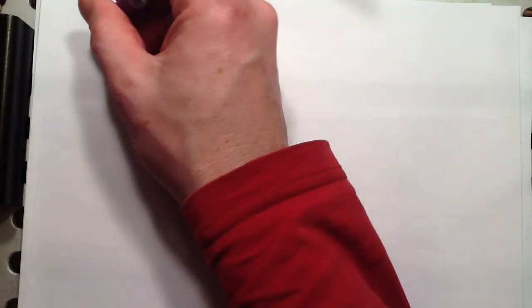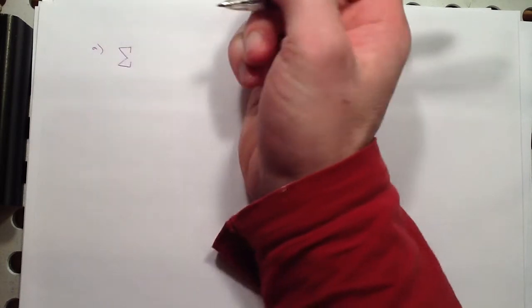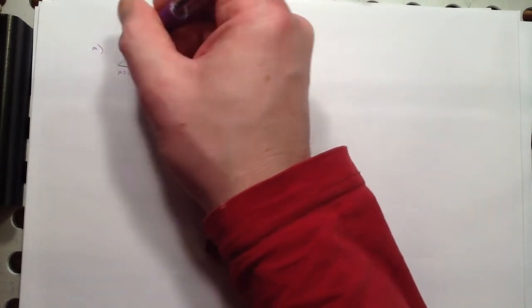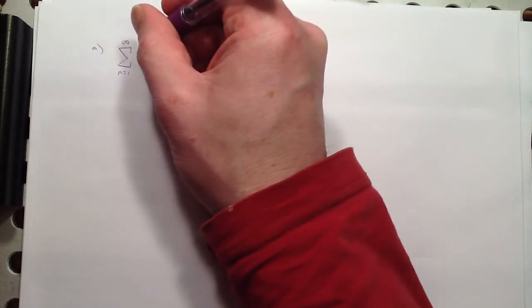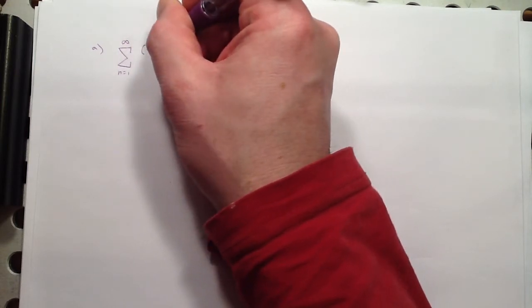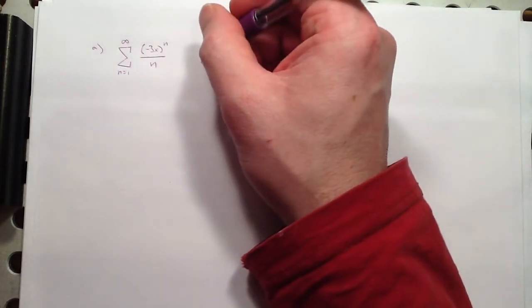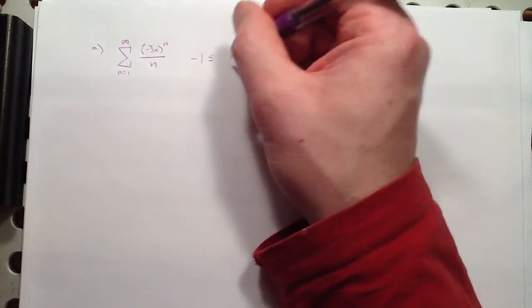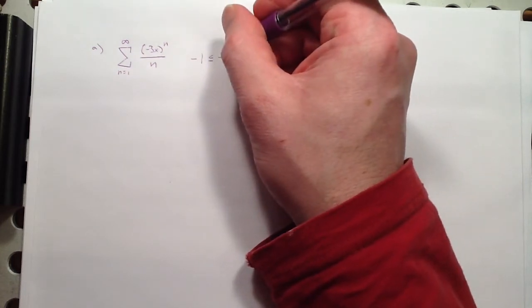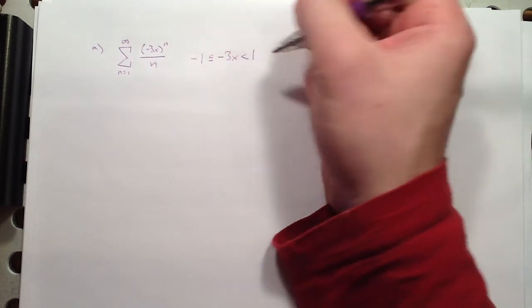So that Maclaurin series, part A, instead of being the sum from n equals 1 to infinity of x to the n over n, we're replacing the x with negative 3x to the n over n. And since the interval of convergence was negative 1 less than or equal to x, I'm replacing that x with a negative 3x. This is just substitution, that's all.